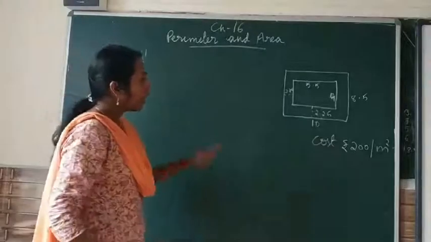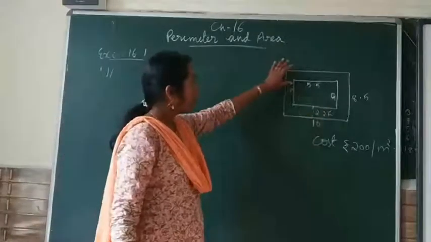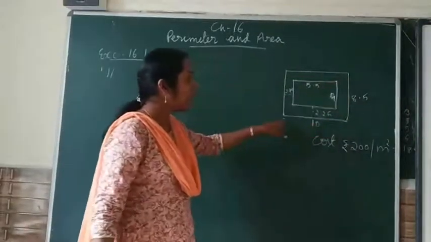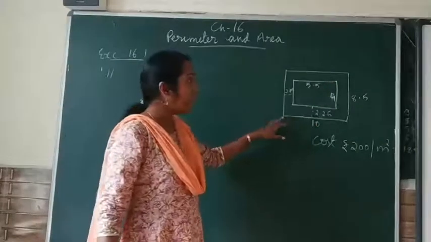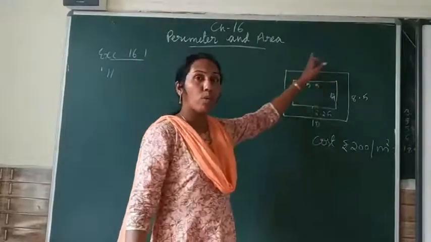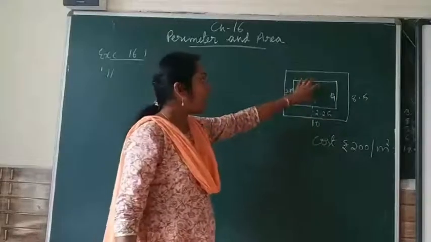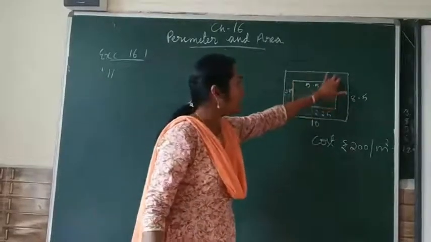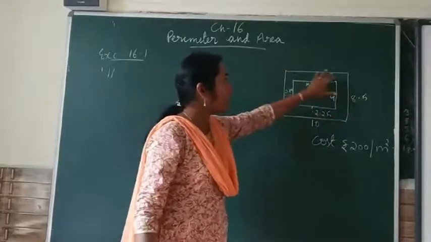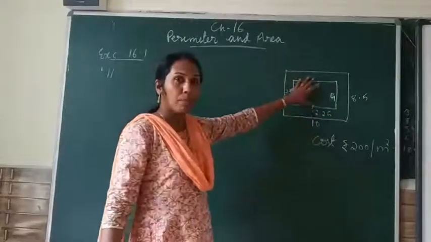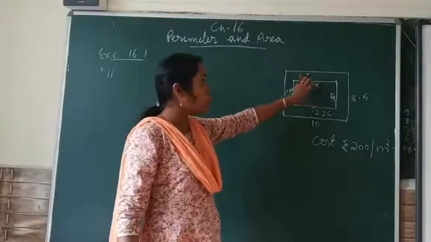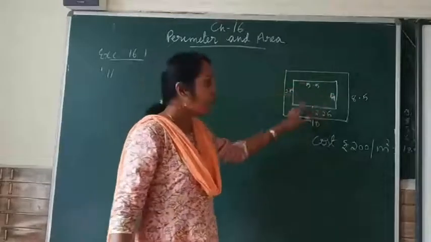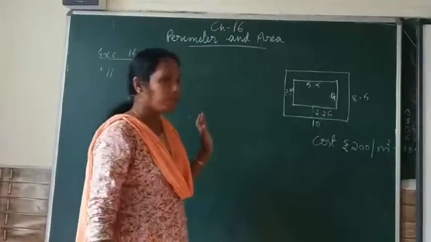So here we have two rectangles. The outer rectangle represents the total area, that includes the area of the room and also the veranda, and the inner rectangle represents the area of the room only. So in order to find this area, we have to subtract the area of the room from the overall area. Then only we can find out the area of the veranda.